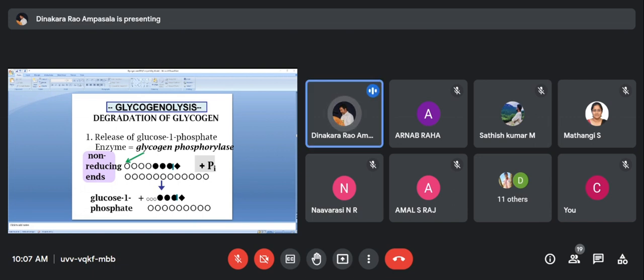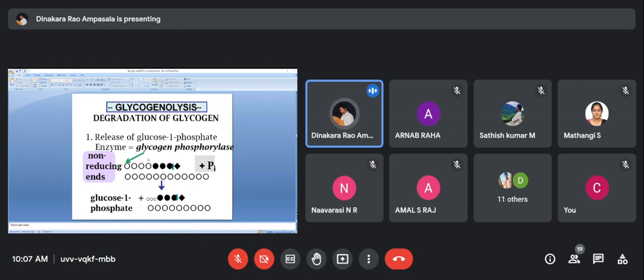Okay, now we are going to see glycogen degradation. A few enzymes are involved in glycogen degradation, which is called glycogenolysis. The first enzyme which removes the glucose molecule from the glycogen is glycogen phosphorylase. This enzyme interacts with the non-reducing ends; the end sugars will have non-reducing ends only.